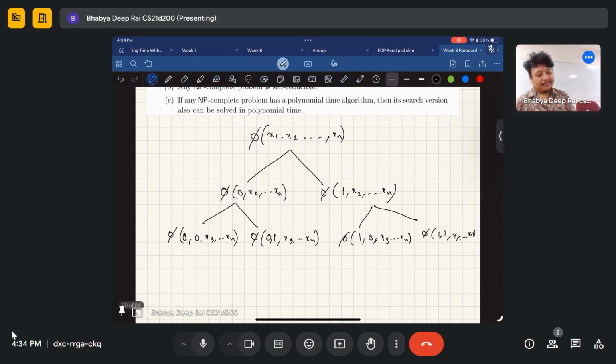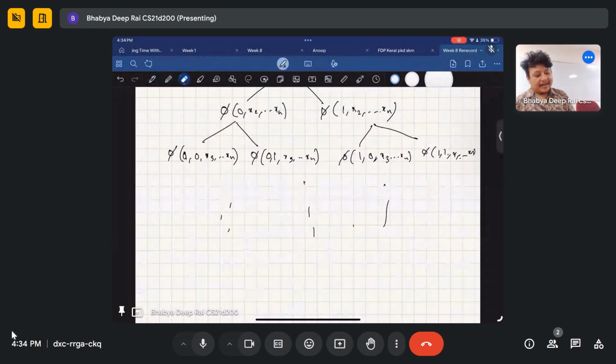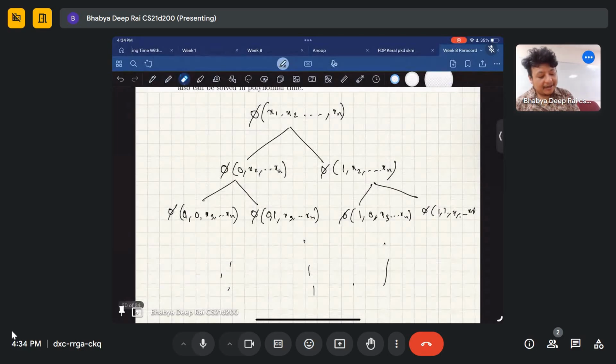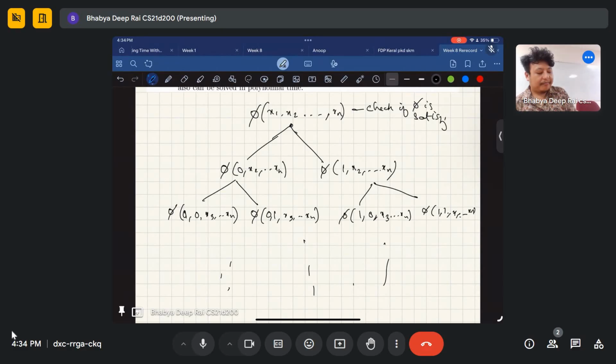And so you have this, and what you are doing is you check whether phi is satisfiable. Say the answer is yes. If no, then you cannot find any satisfying assignment anyway. Now you've gone here, now here you check. If yes, then you go down.